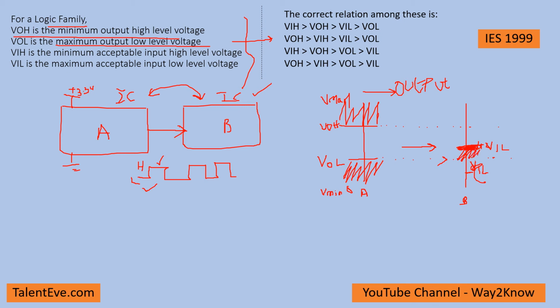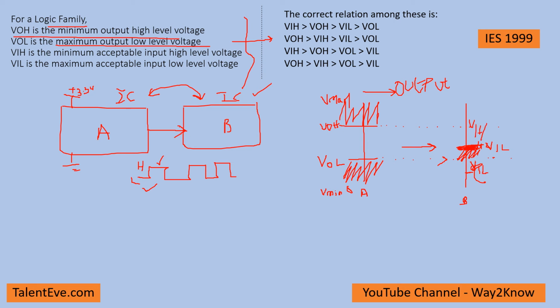Similarly, when VOH is given, this IC should treat this as the high voltage. So if you have VIH here equal to VOH, then there should not be an issue.